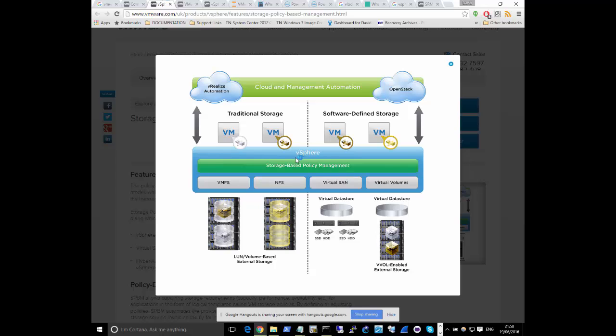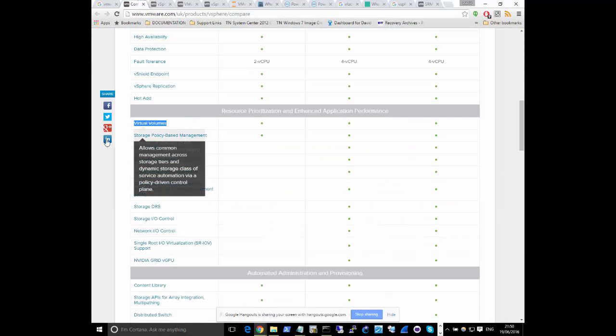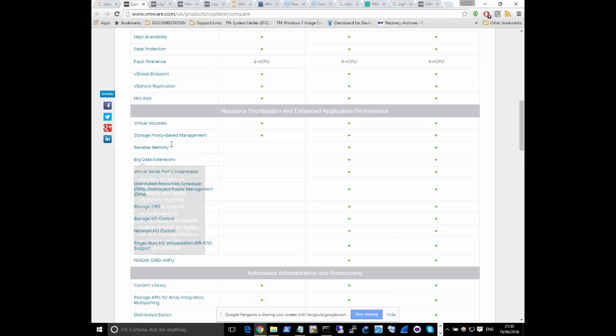Let's see the picture, maybe it's going to help us. So this is traditional storage, this is software defined storage, storage based policy management, VMFS. Oh, I see. Okay, just to explain, I understand this one because I've seen it before. So what this means is that you can define storage policies.